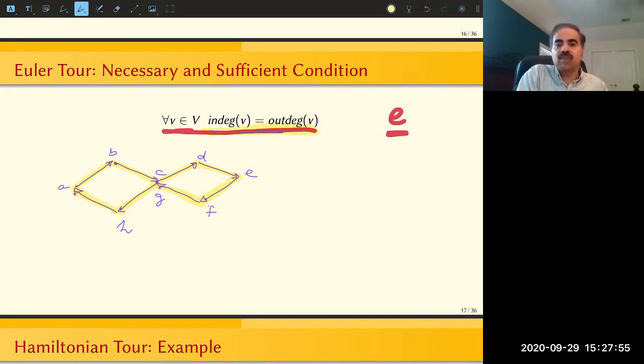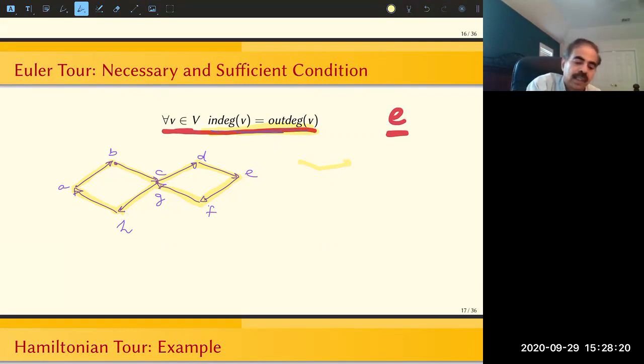Because at every intermediate node, you can argue that you came in through an in edge and there should be a corresponding out edge. So at every intermediate node, if you didn't start at that node, you should be able to come in and then leave, right? So as a result, you can keep going until you get back to the starting vertex, right?